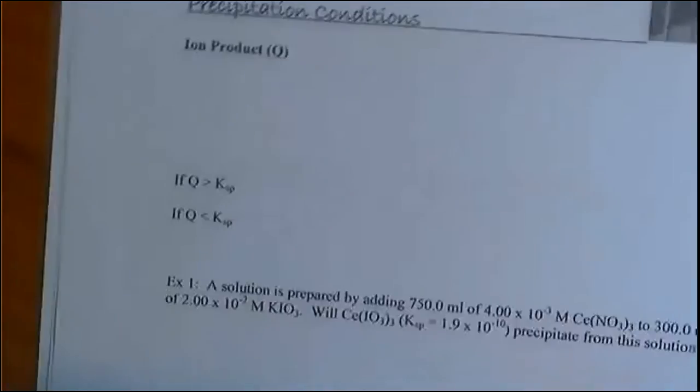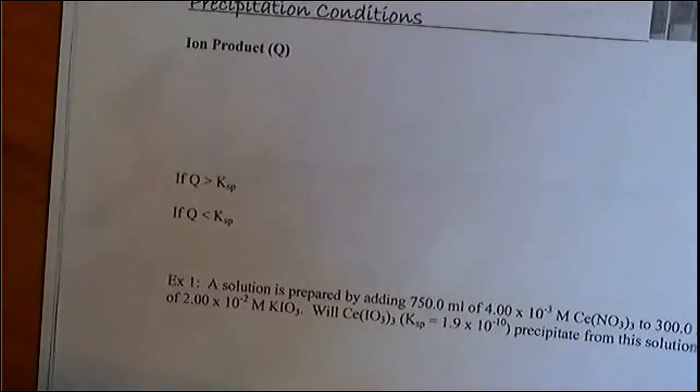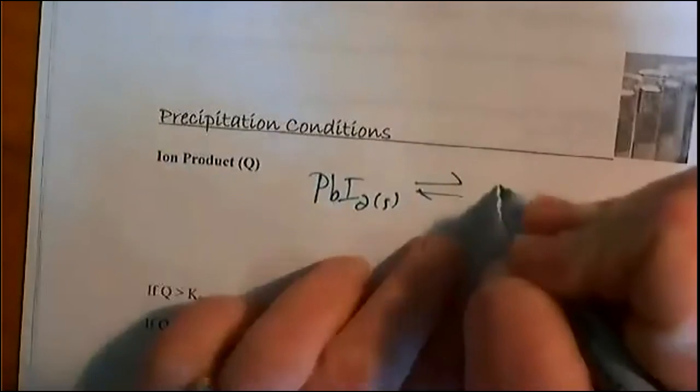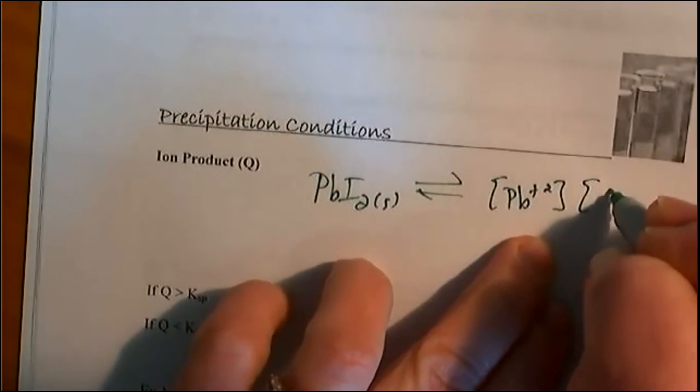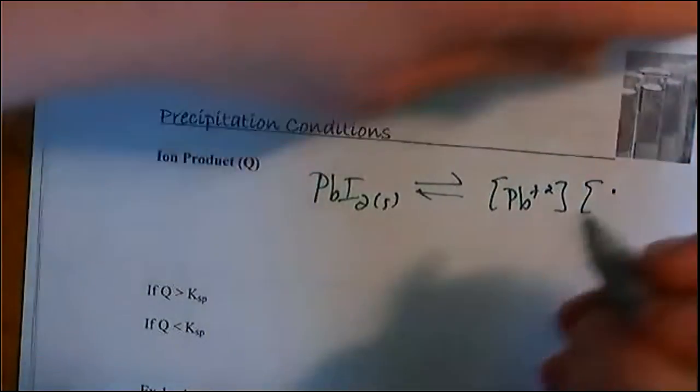That's what QSP, or most textbooks call it ion product, is for. And so if this is what we're intending to make, well, we can kind of back calculate, if you will. Oh, for heavens.